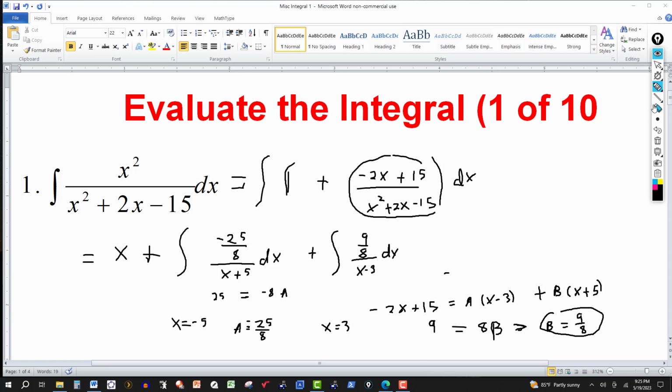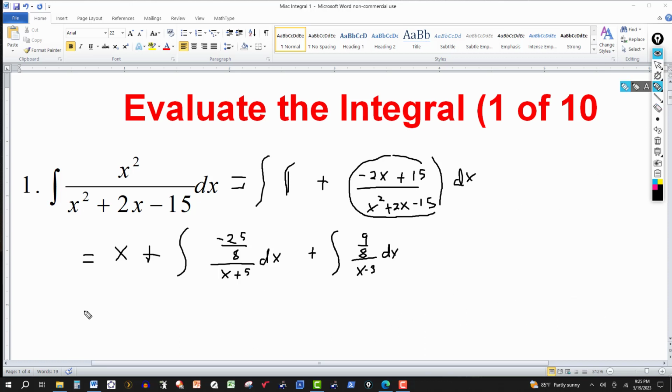And now it's pretty much set up here. So this is going to equal x plus, so we have a constant in the numerator, we've got x plus 5, and it's first degree, so that pretty much tells you that's going to be the natural log of absolute x plus 5. With the coefficient, this would be negative 25 over 8.